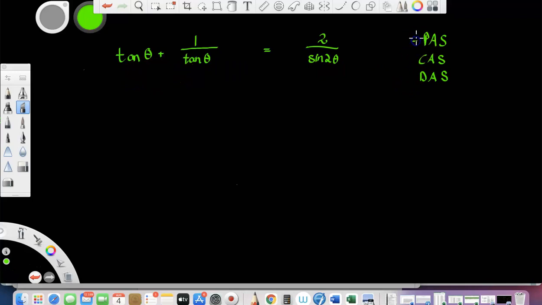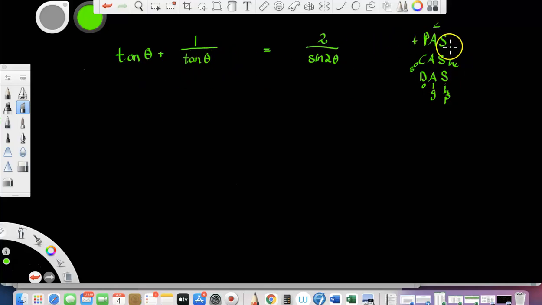Simple just means if there are any compound angles or any double angles, then simplify that. Then change everything into cos and sine, and then do algebraic simplification.